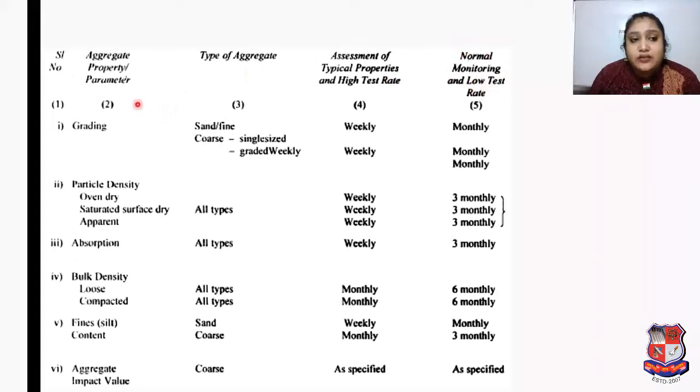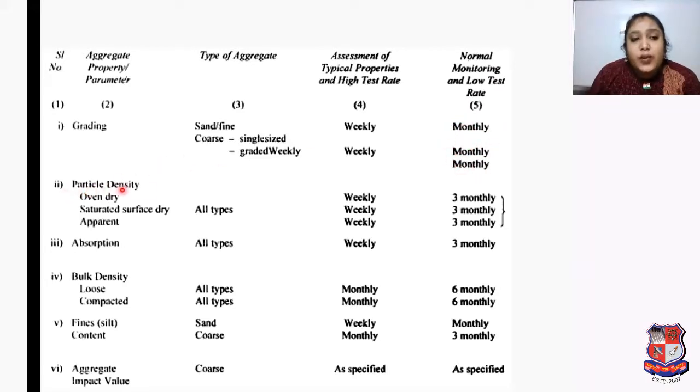So here you can see the aggregate property parameter, meaning here grading is there, type of aggregate like sand, fine, coarse aggregate like single size or graded, weekly. So here assessment is weekly mentioned, here also weekly. If normal monitoring and low test rate, then it should be monthly.